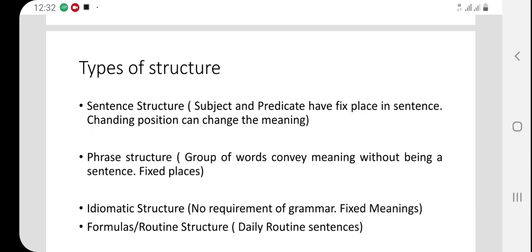So there must be an agreement between the subject and the rest of the sentence. If there is no agreement here, it means that it should be understandable. It should be in a sequence of a meaningful pattern. We cannot, like, if I say some hyperbole sentences, like a man flying in the air.